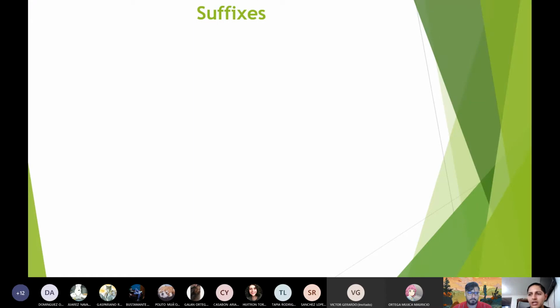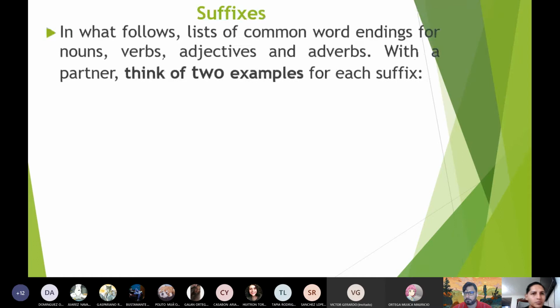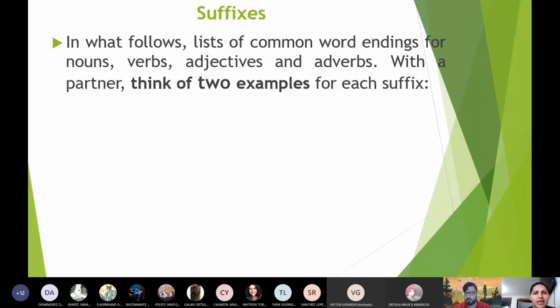I have already checked your flashcards and you used a variety of suffixes. So what I want you to do now is to share with me a couple of suffixes, but don't go to your flashcards, okay?